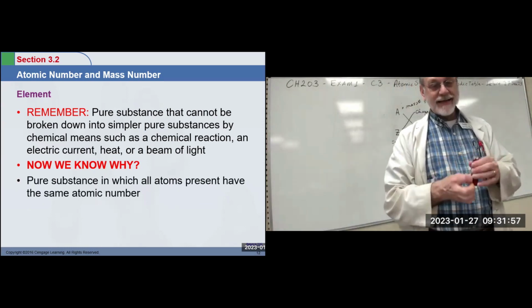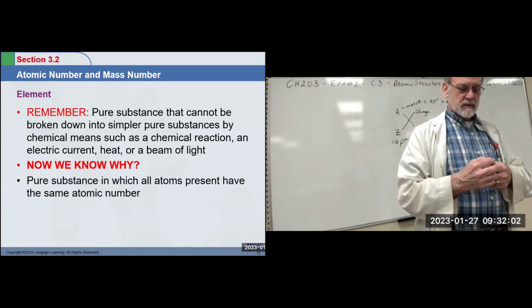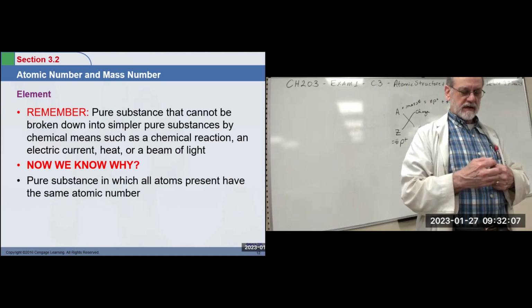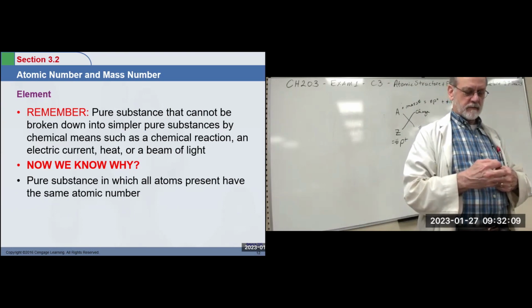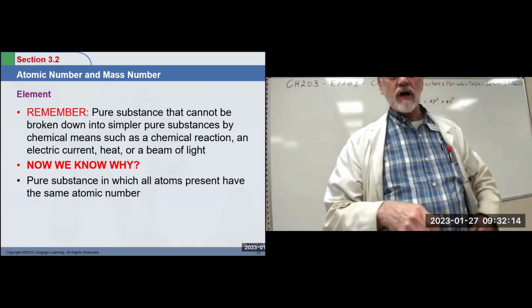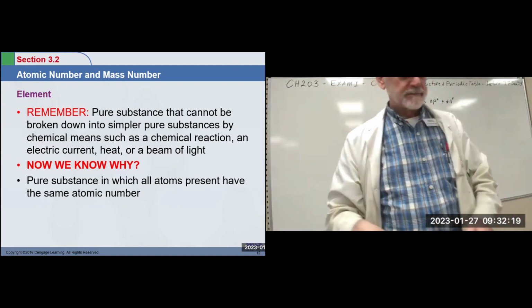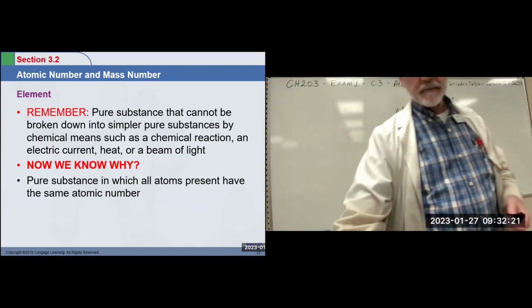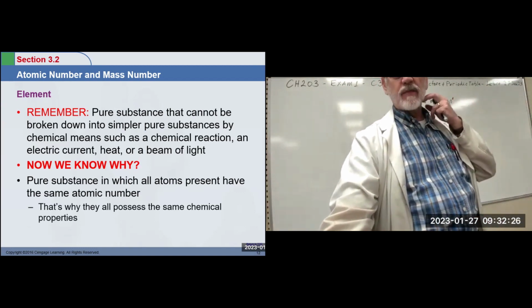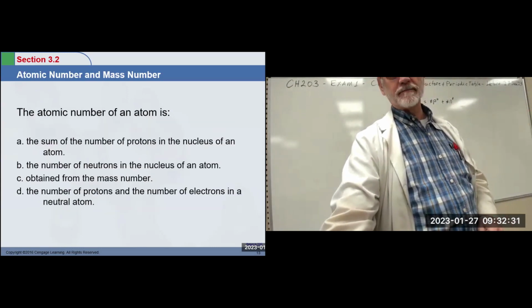And in that case, that pure element has atoms in it that are all the same, at least with respect to the number of protons. Okay? The number of protons are the same for every atom in that element. And that's why they have the same chemical properties. There's more to it than that, but for now, that's good enough.